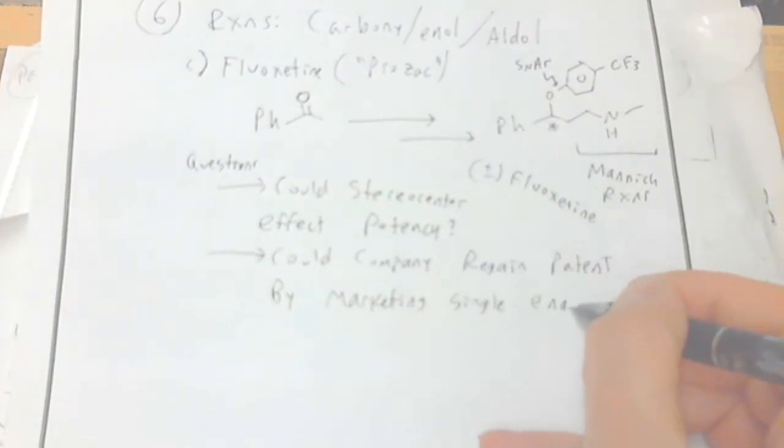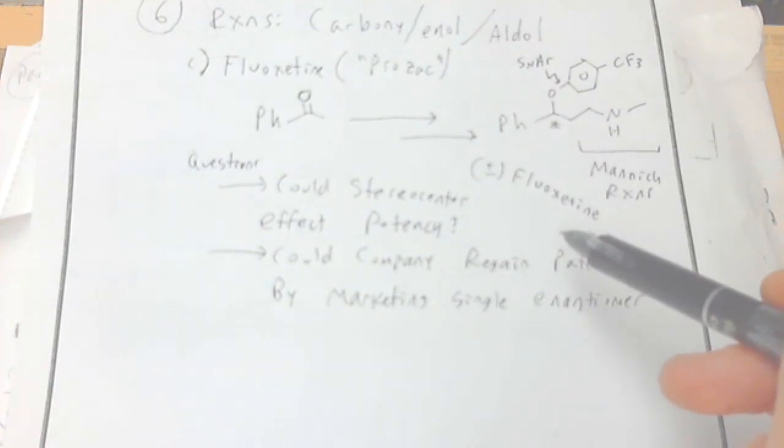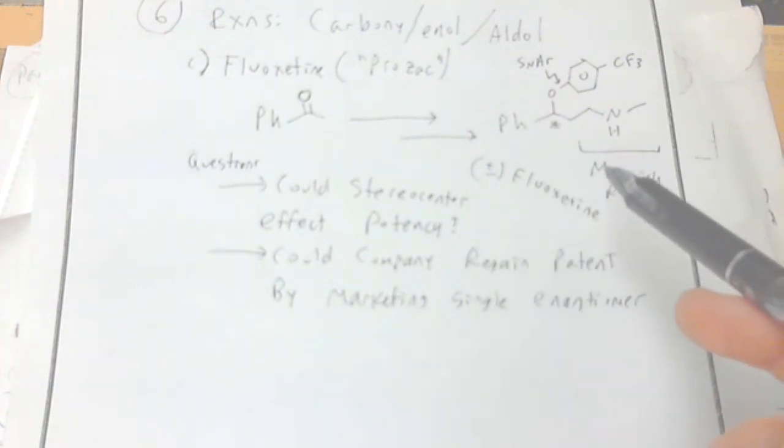And the other question, and sadly, the way drug companies work, would be: could a company potentially regain a patent by marketing a single enantiomer? Well, they kind of did that with omeprazole, right? They make that thing called esomeprazole, which is the S stereocenter of omeprazole, and then they sell it, but the efficacies are pretty similar.